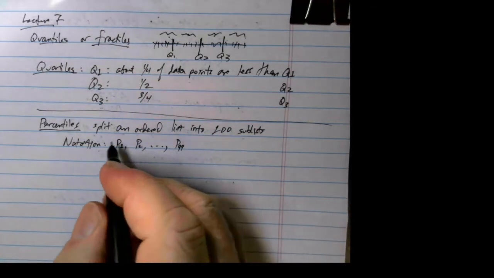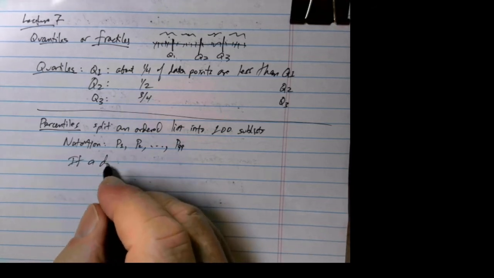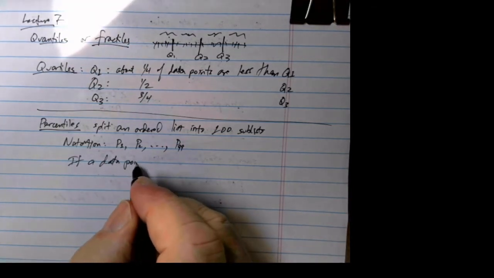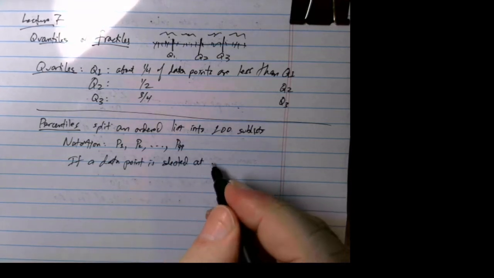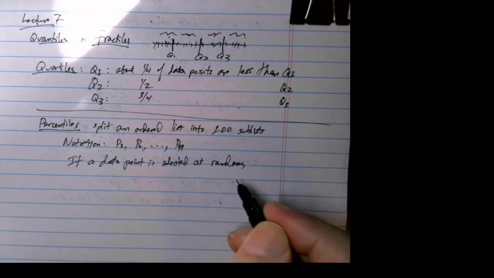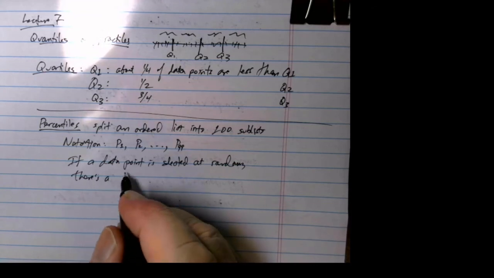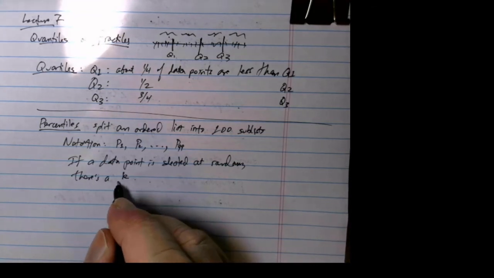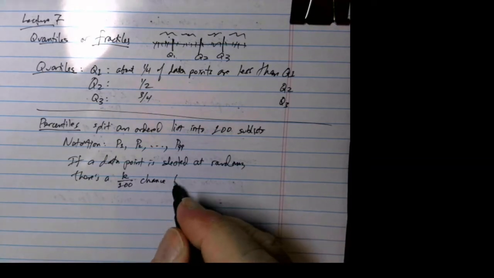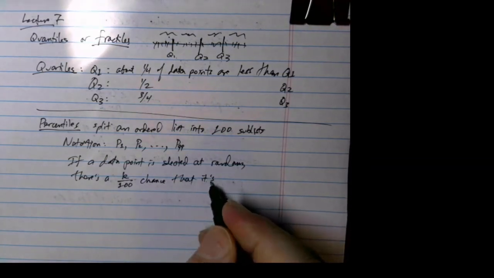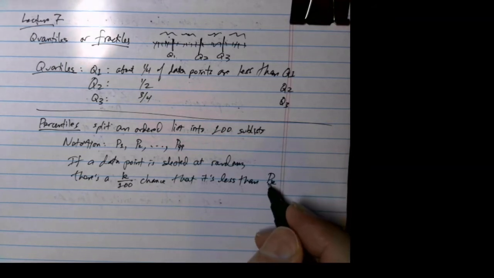Similarly here, if a data point is selected at random, then there's a k over 100 chance that it's less than P sub k.